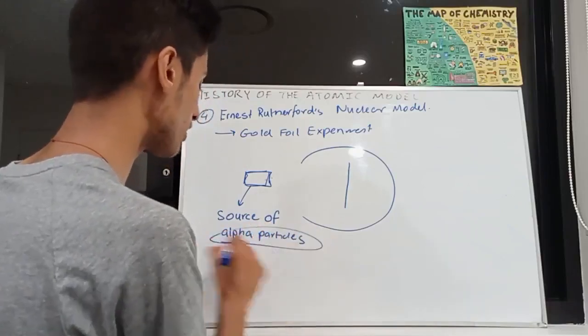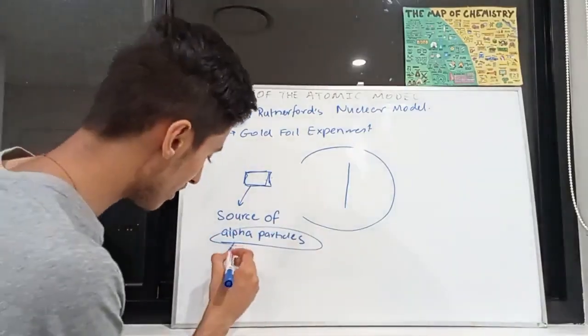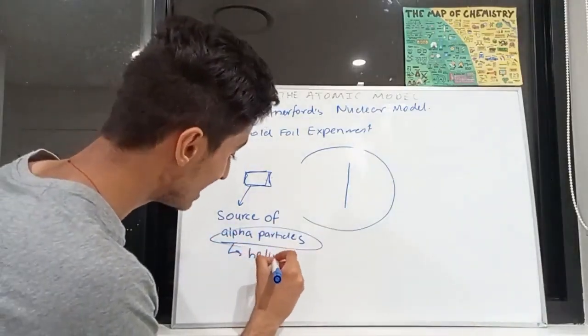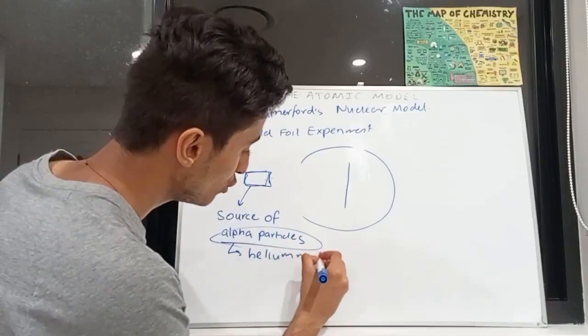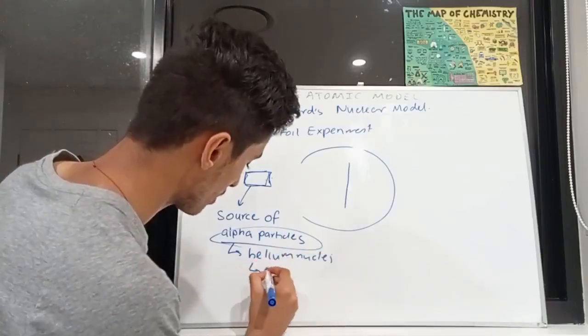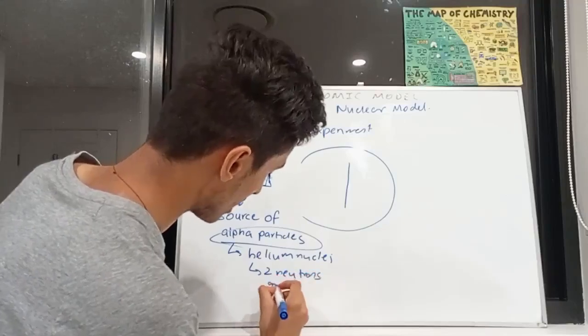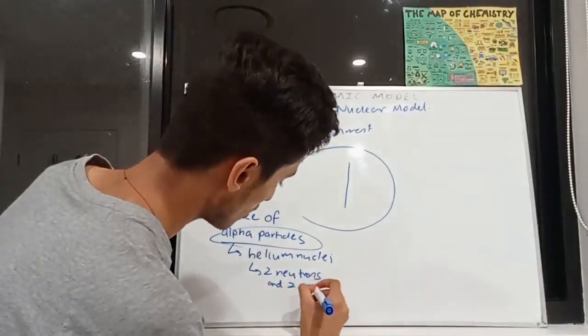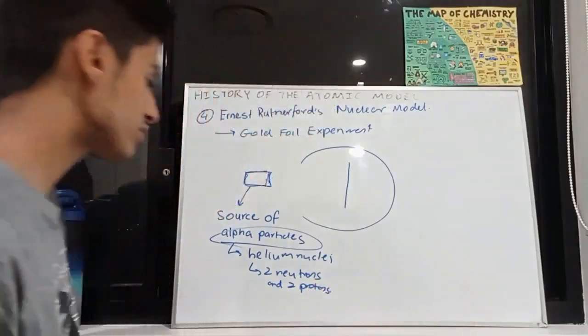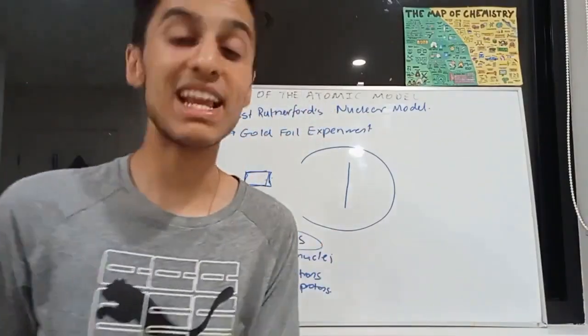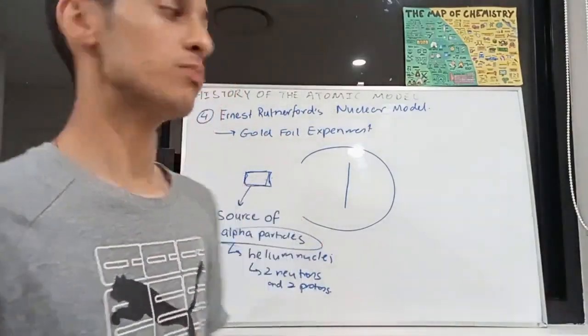And what are alpha particles? They're helium nuclei. And what is a helium nucleus? Two neutrons and two protons.